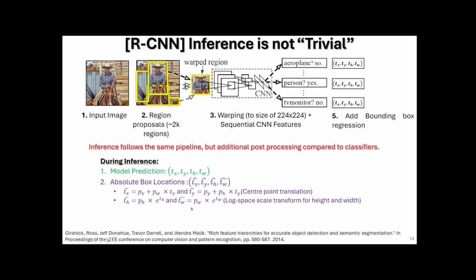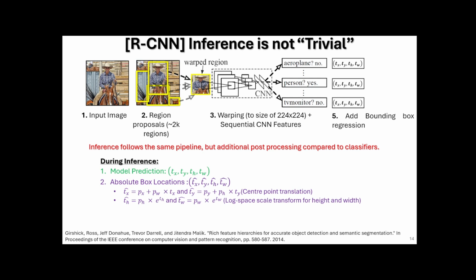So that pretty much covers the region-based CNN. Just to reiterate, you pass the input image, then you make region proposals through the selective search algorithm, then you crop the image for all these region proposals and pass them through the CNN. That CNN will predict the classes and the bounding boxes, but there is one problem: these bounding box predictions are with respect to the warped region, not the original region.